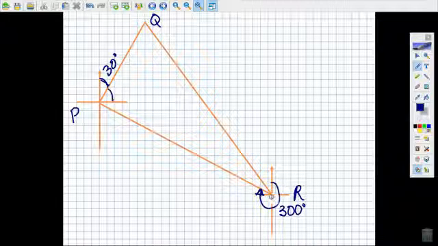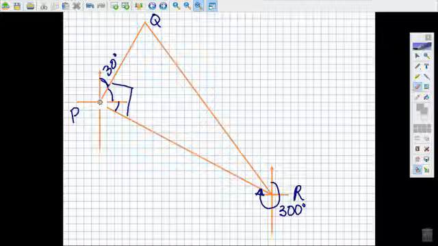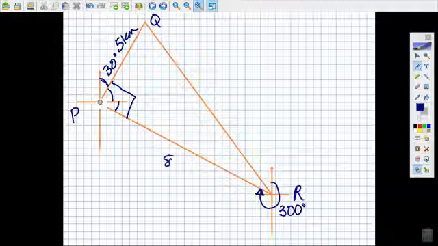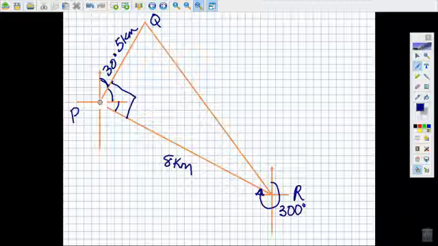The angle here is 60 and here is 30, so that will give us 90 degrees. And distance PQ is 5 kilometers, and PR is given to be 8 kilometers according to the question. So that is the diagram.